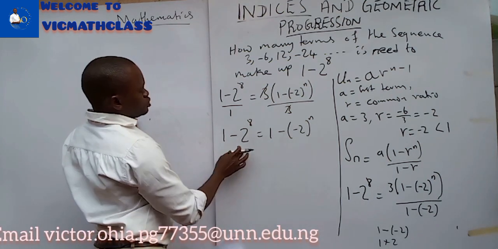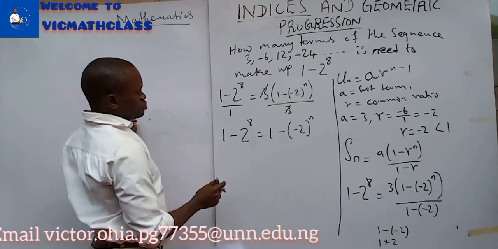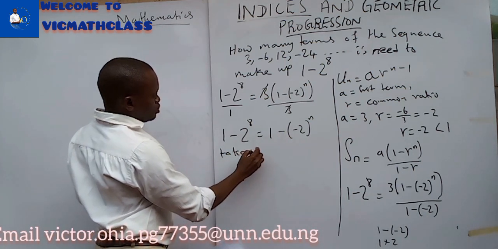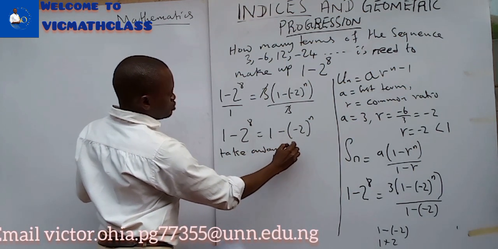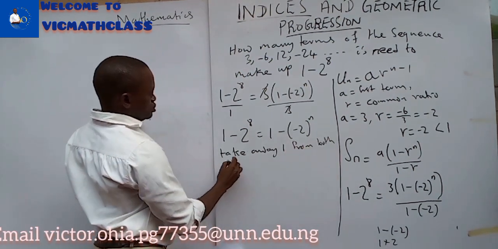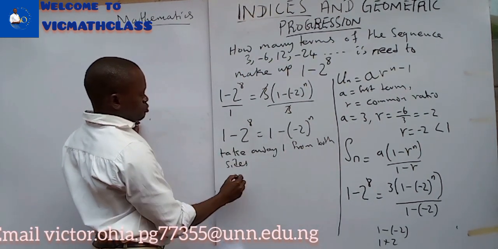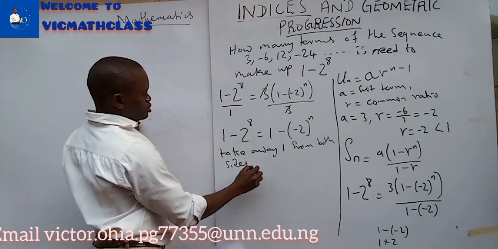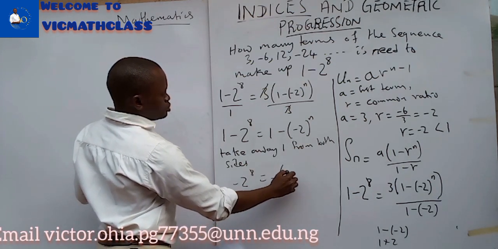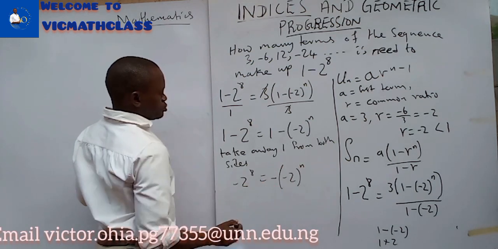We can remove 1 from both sides so that this will go. Take away 1 from both sides. You can now have minus 2 to the power 8 left equals minus into minus 2 raised to power n.